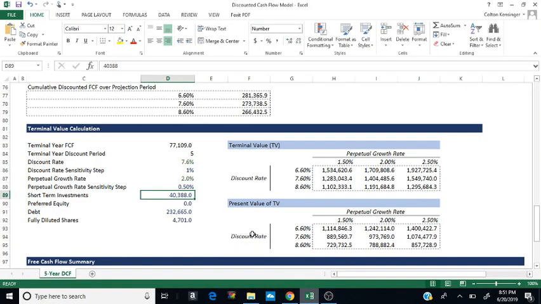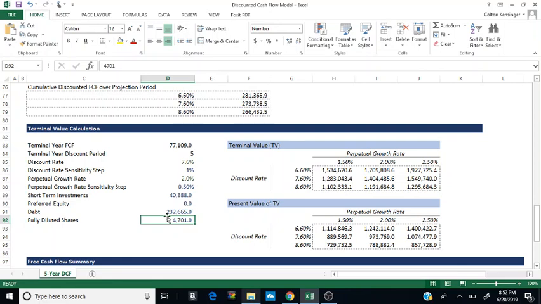I don't want to spend too much time digging through there, but I had 40,388,000,000, which you can find in the 10K or with a quick Google search. Same with the diluted shares, that is also in the 10K. Apple currently has about 4.7 billion shares outstanding.